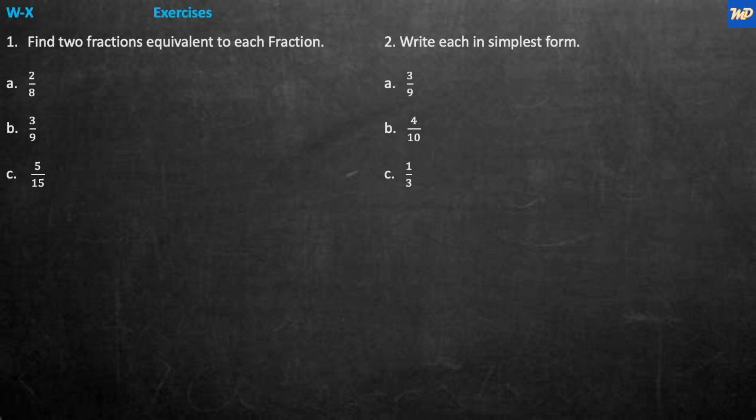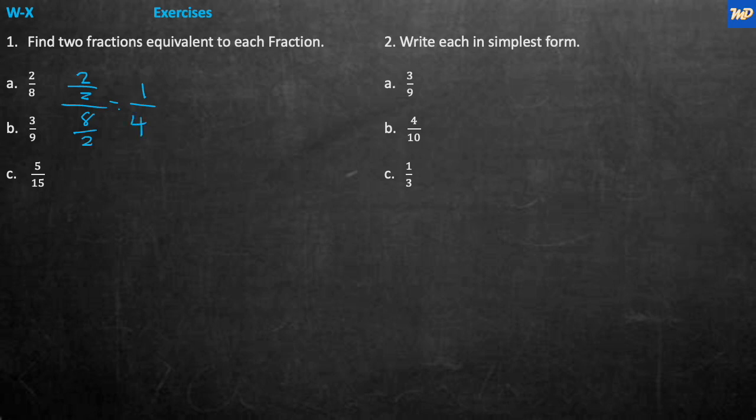So if we take the 2 eighths and divide the 2 by 2, and the 8 divided by 2, what do we end up with? 2 divided by 2 is a 1, and 8 divided by 2 is a 4.